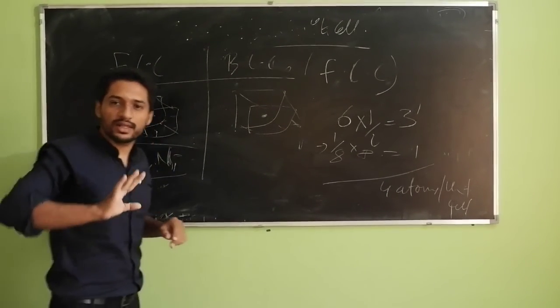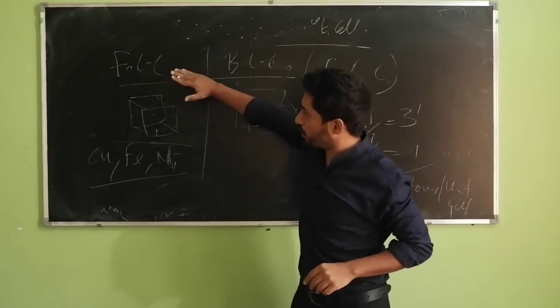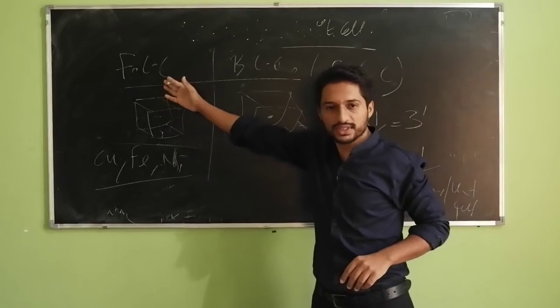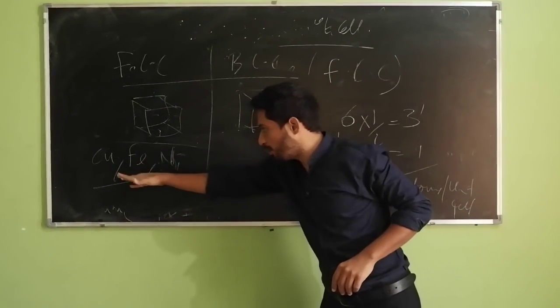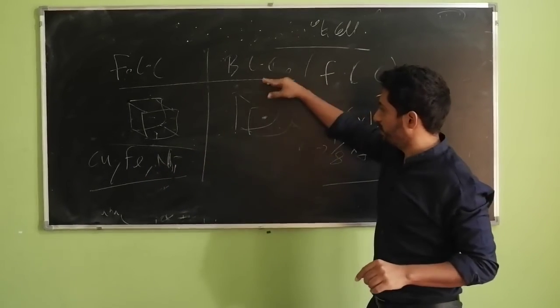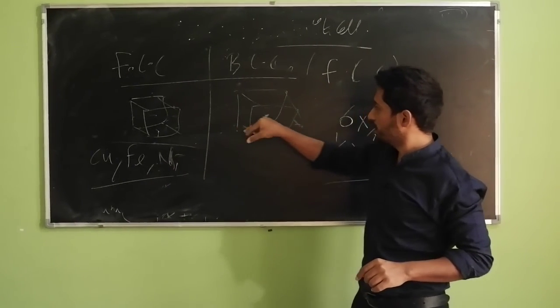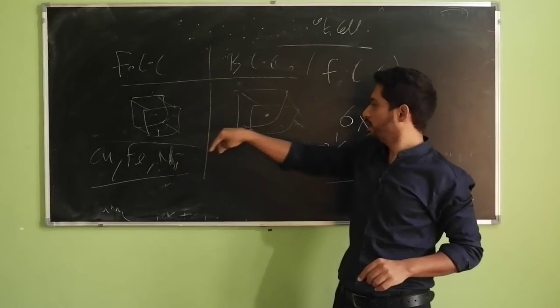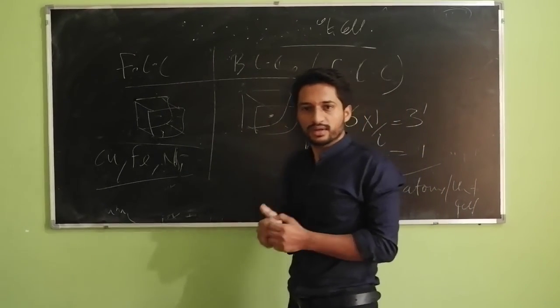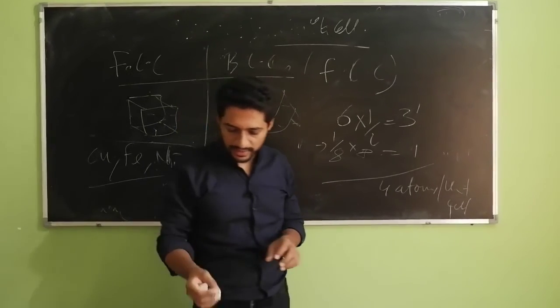Remember, nothing alien is going on; we are studying structures around us. FCC is the structure of copper, iron, nickel. BCC is stronger compared to FCC, because in BCC we have an atom at the center of the body.